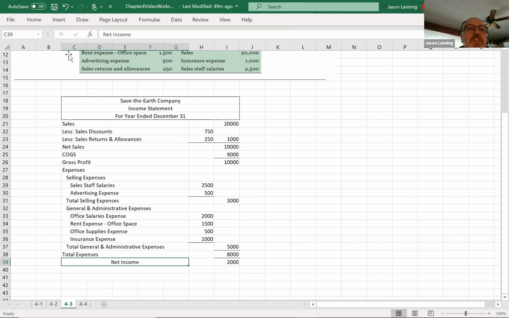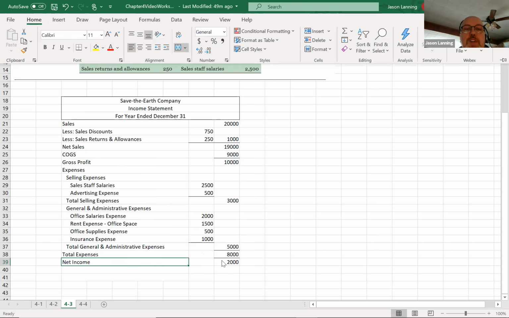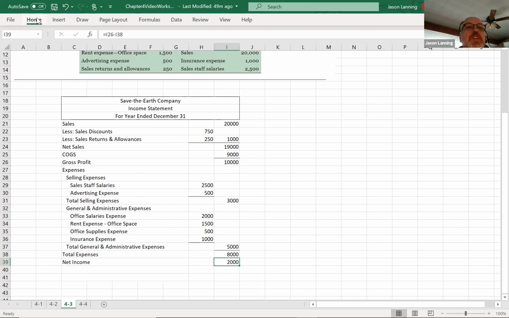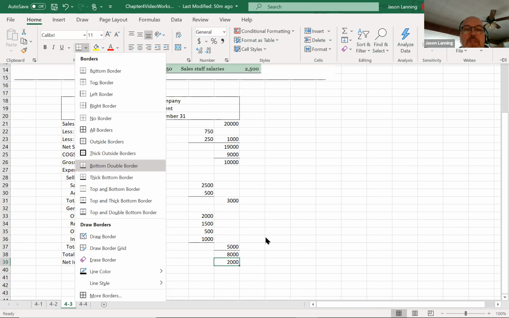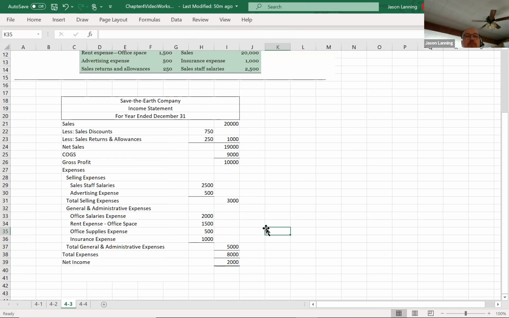Net income is $2,000 for this company. So this is how we do a multi-step income statement. We're going to do a little double underline here. So for Save the Earth Company, they had $2,000 in net income for the year ended December 31st.